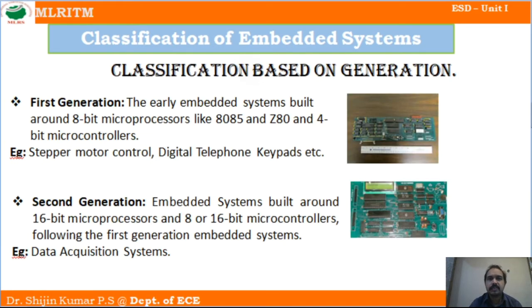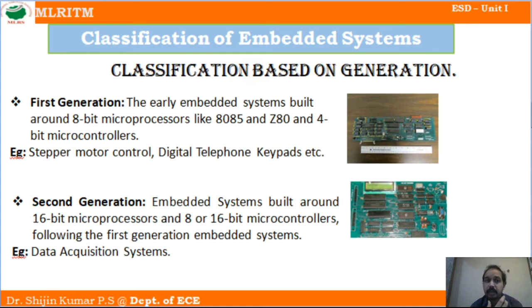So the first classification is classification based on generation. So how these embedded systems evolved through years. Initially these embedded systems were built using what? Some 8-bit microprocessors like 8051, Z80 and 4-bit microcontrollers.